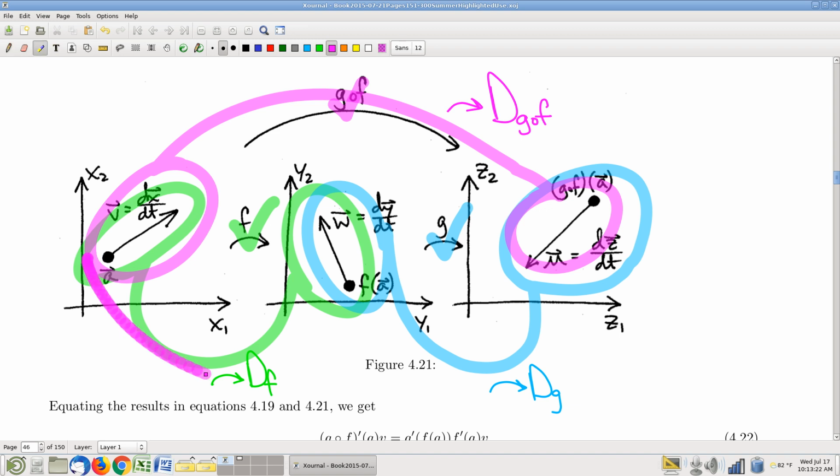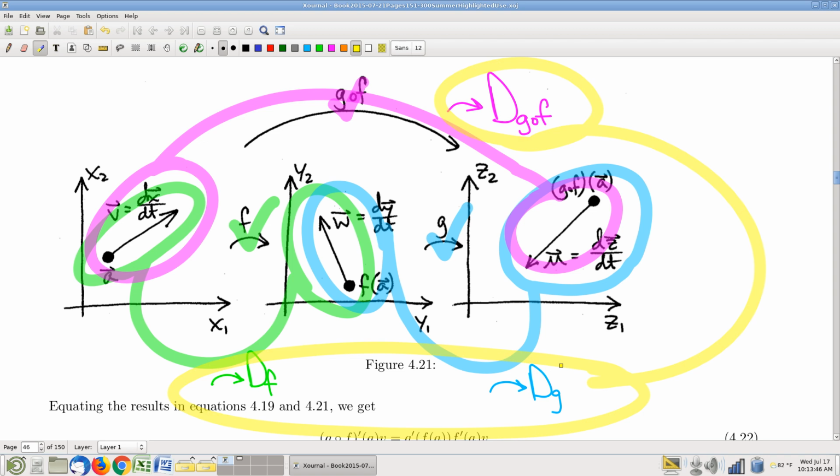Thinking of colors again, dx dt and dz dt being related by a two-step process has to give me the same answer as thinking of that relationship as being part of a one-step process. And so therefore, the derivative of the composition is just whatever you get by doing this two-step process.